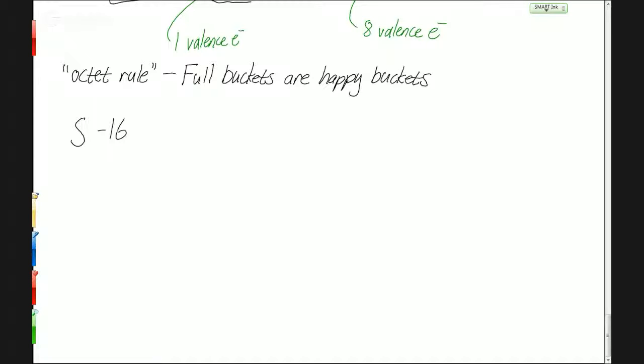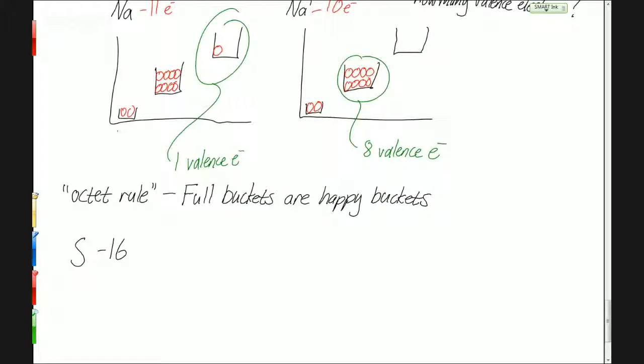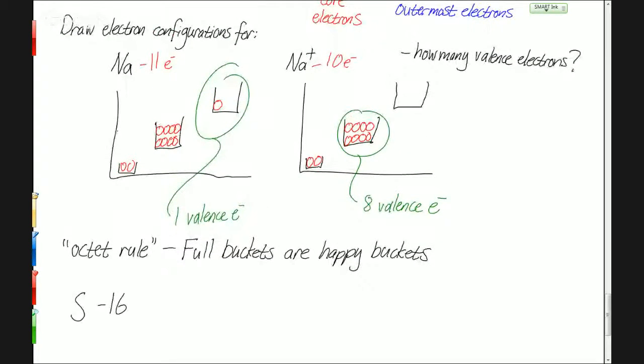And that is the most common ion. So first, draw the electron configuration for sulfur. And then how many electrons would you add to it or take out to make a full bucket? And then what would be the charge of that ion with the full buckets?